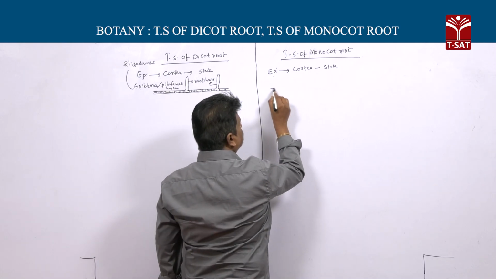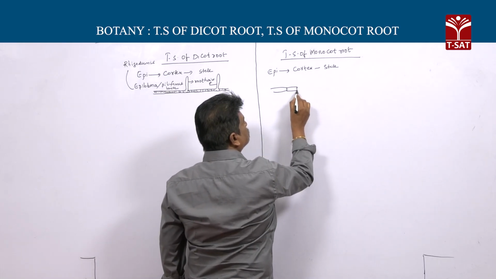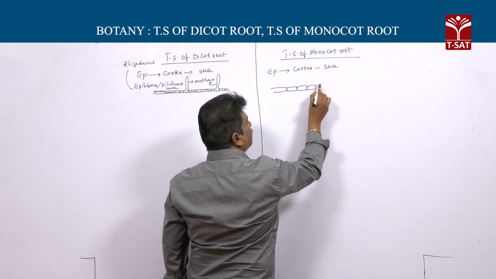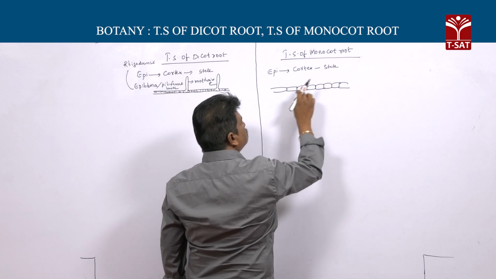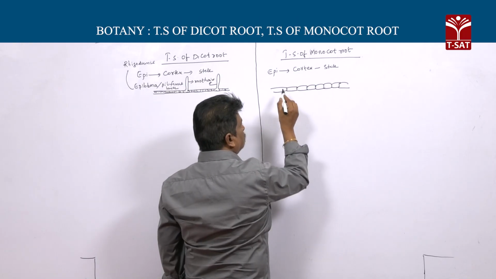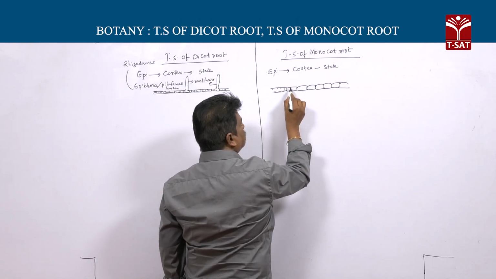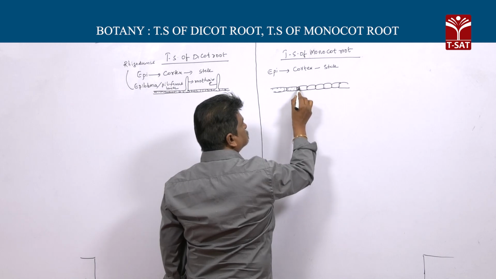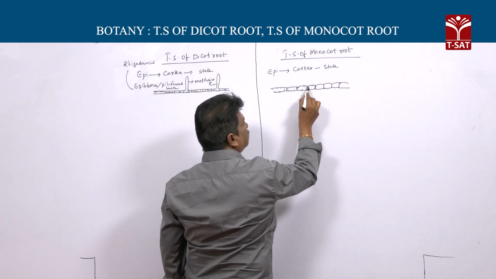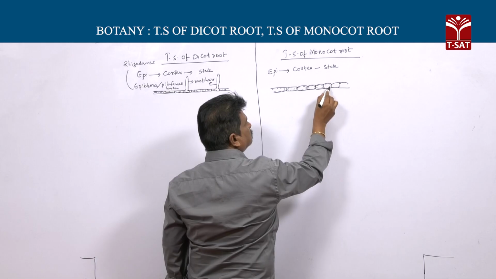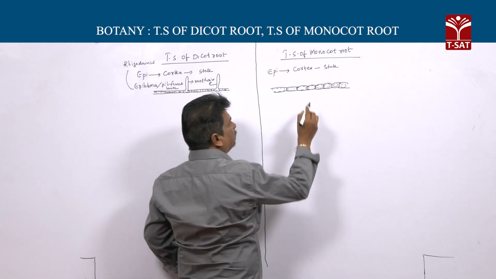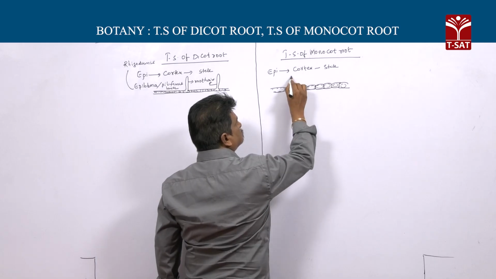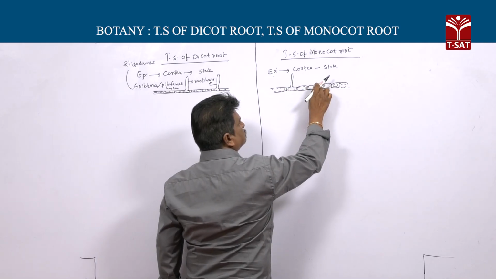Then epidermis of monocot root, same characters. In monocot root, epidermis is unilayered, made up of tubular or rectangular cells, contains vacuolated protoplast, even leucoplast. The smaller epidermal cells produce extensions.